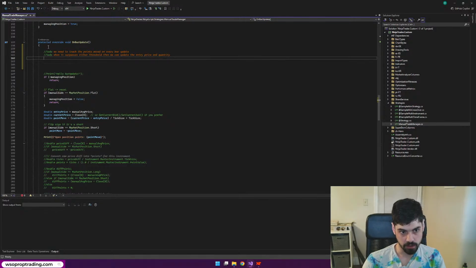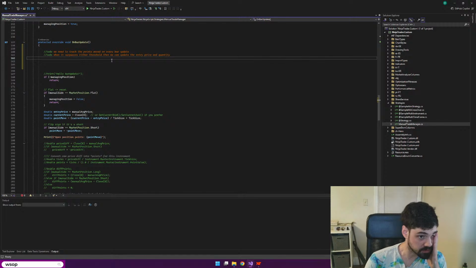And now that we know how to calculate the actual points that have moved, regardless of the thing we're trading, now the points are going to be tracked outside of this method so that we can consistently refer to it without it being reset every time.